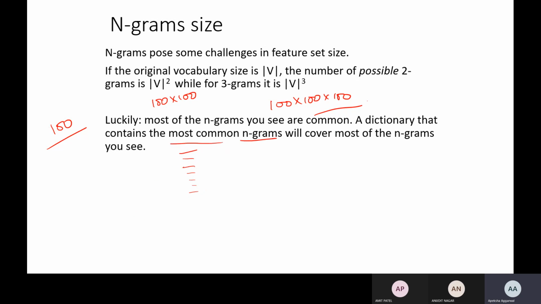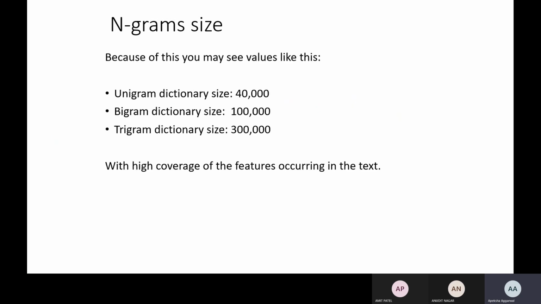But if you have short data or short raw text, you will not have those common n-grams. So this is the disadvantage. Generally you may see values like this: the unigram dictionary would be smaller, bigram would be larger, and trigram would be even larger.